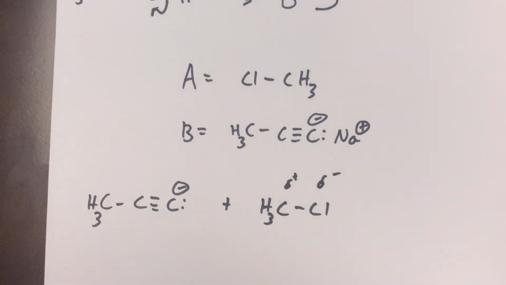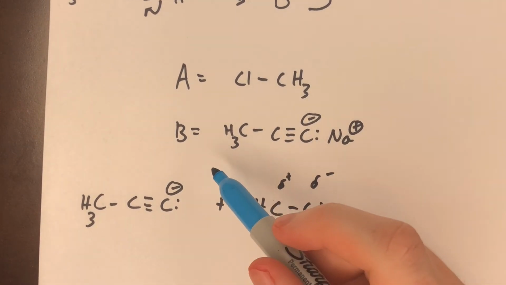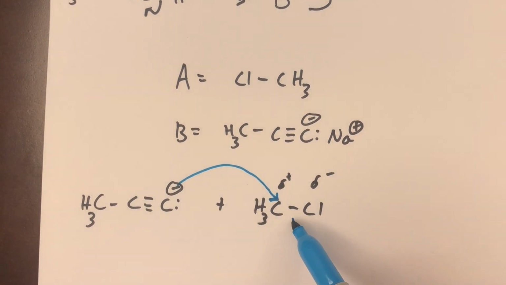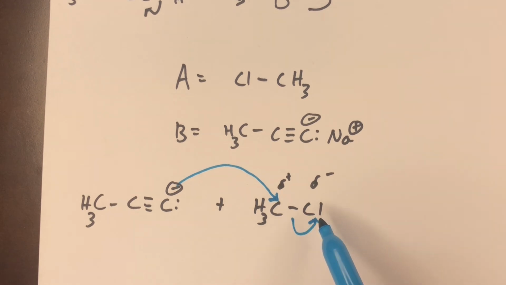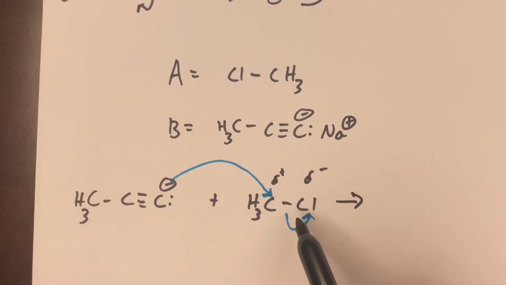So what's going to happen is this will function as a nucleophile, and it will attack the carbon and then cleave heterolytically this bond, this carbon-chlorine bond, cleave the electrons onto the chlorine. So what you get is the creation of this new carbon-carbon bond between the carbanion and this electrophilic carbon.